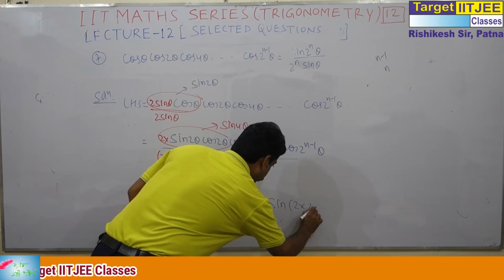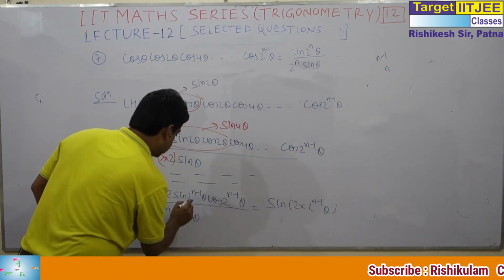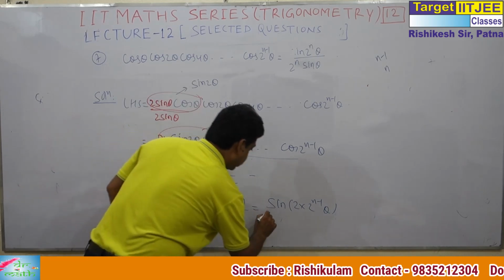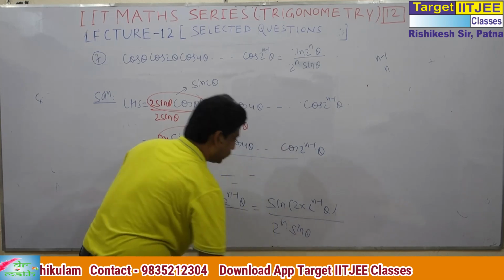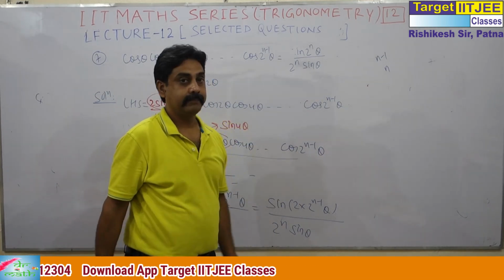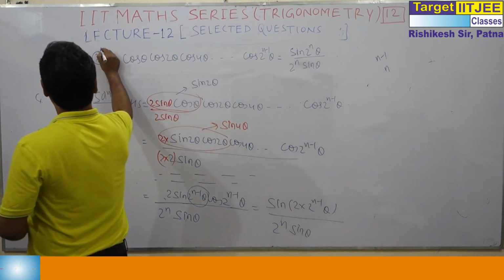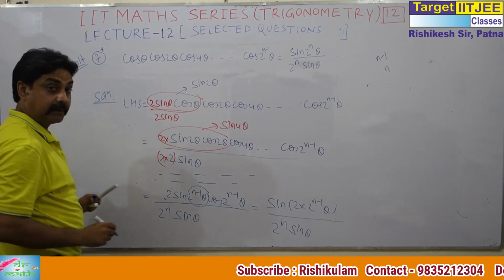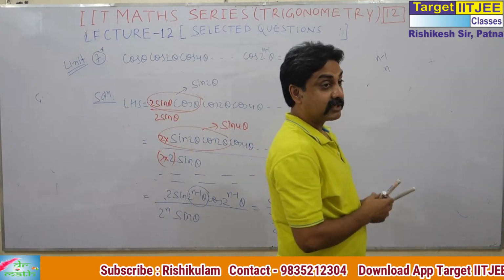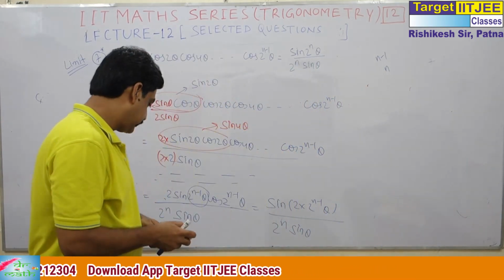Sin 2 into 2 to the power n minus 1 theta, double of this angle, by 2 to the power n sin theta. You have to keep this expression in mind for some questions in limit that you will get in class 12 or basic calculus in class 11. Now move to next one.